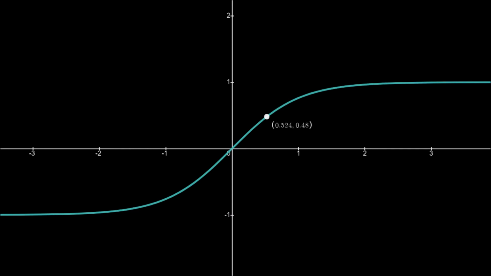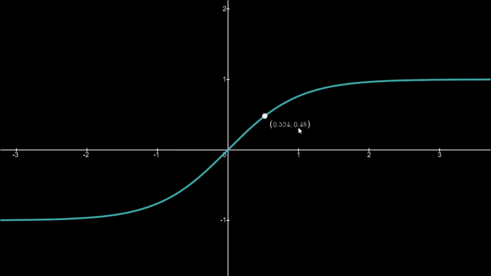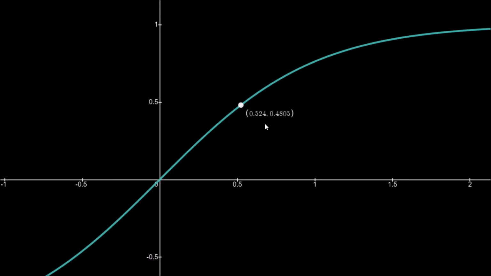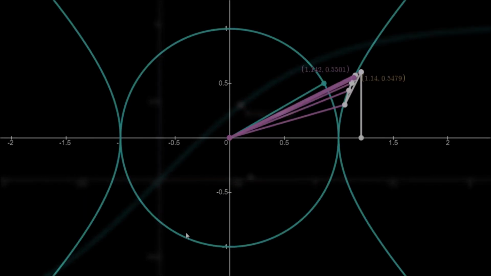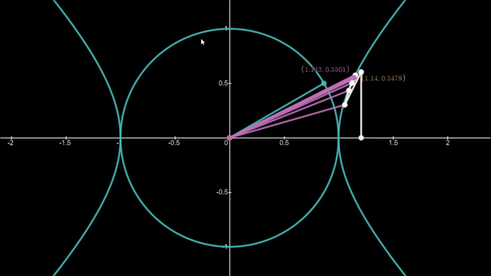So it's going to be 30 times pi upon 180, and that will give us the x coordinate here, which is 0.524. Now the y coordinate is the tan of this value, which is 0.4805.